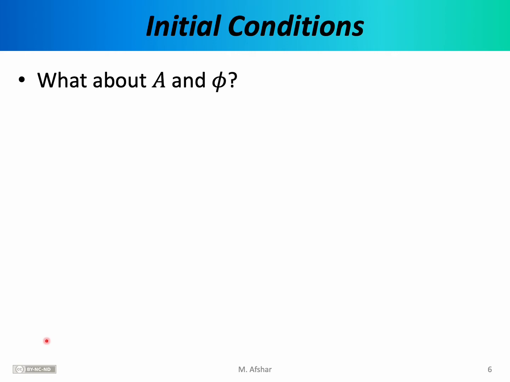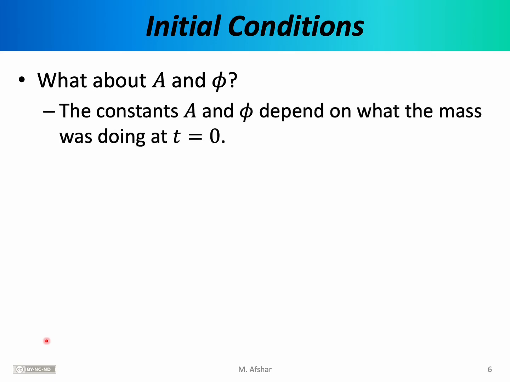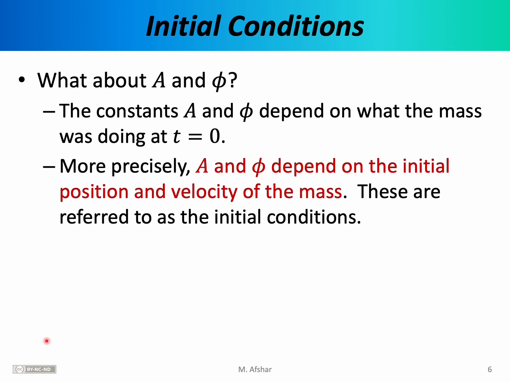We still need to figure out those two numbers if we want to claim that we have a complete and precise answer to the differential equation. So it turns out the constants A and phi depend on what the mass was doing at t equals 0. More precisely, we say that A and phi depend on the initial conditions of the problem.